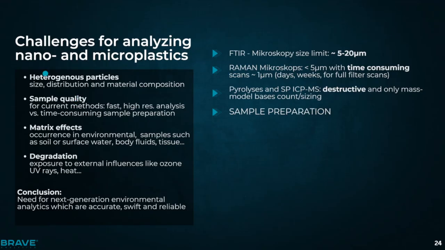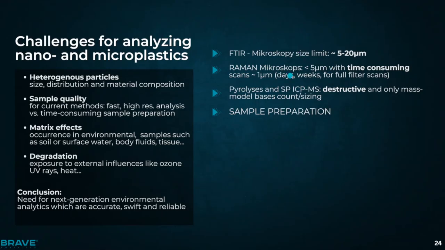The challenges, first on the technology side, were, well, of course, there are some other technologies out there to determine them. FTIR, with its current size limits, its challenge is really to go beyond this 20 micrometer or 5 micrometer size regime to clearly define the material.